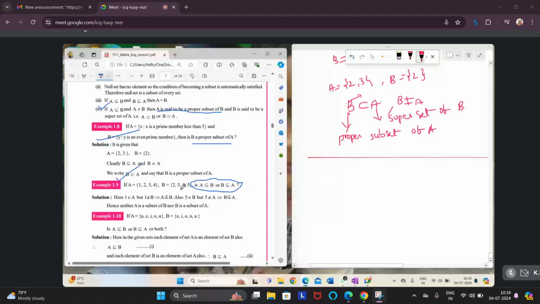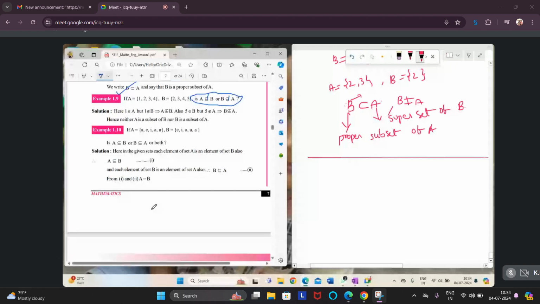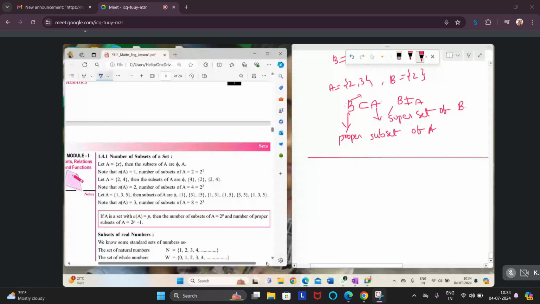Because here in b set, 1 is not an element, that's why it is not equal. Then you have to check a subset of b or b subset of a. Next one. Will you solve example 1.8?